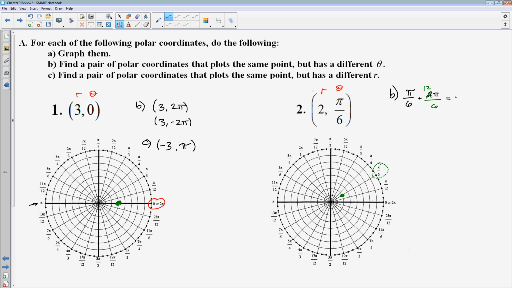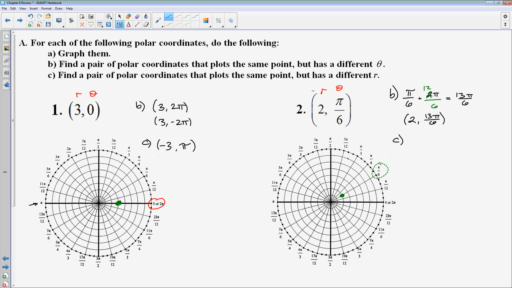And pi over 6 plus 2 pi is 13 pi over 6. So my answer for part B would be a distance of 2 in the direction of 13 pi over 6. And there are other options. You could also have subtracted 2 pi instead of adding 2 pi, but either one.